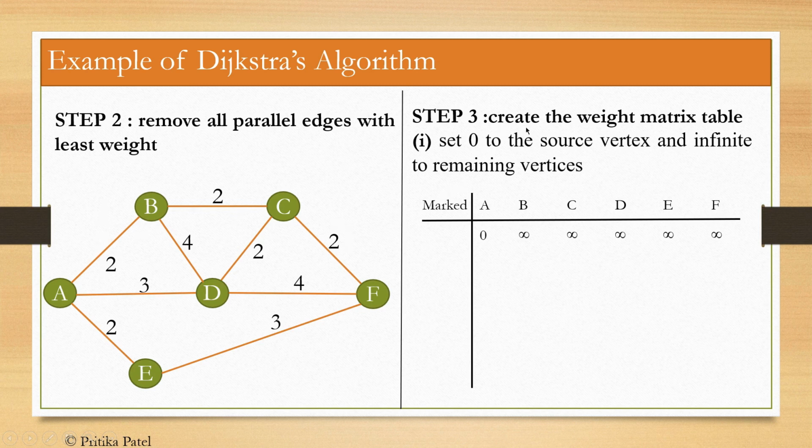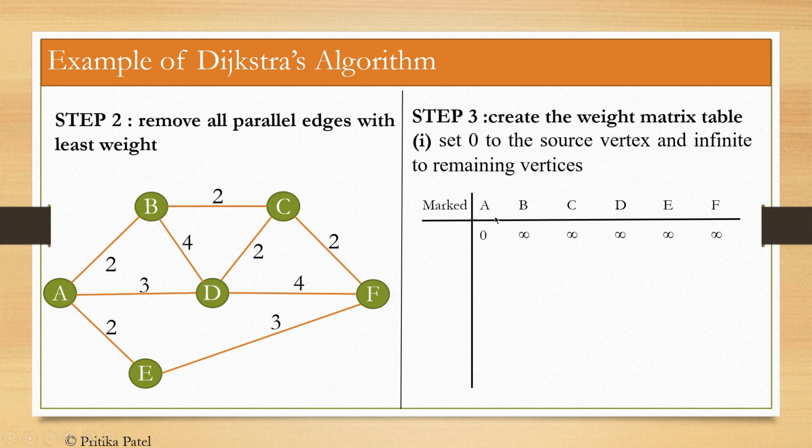Now step number 3, create the weight matrix table. For this, first set 0 to the source vertex and infinite to the remaining vertices. So here we have created one weight matrix table.